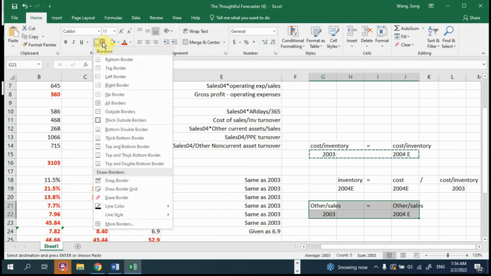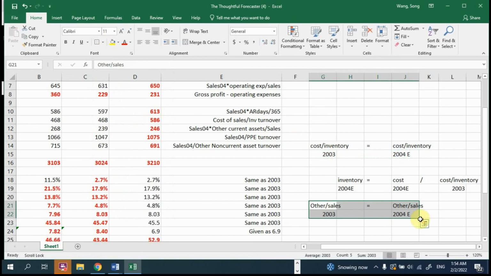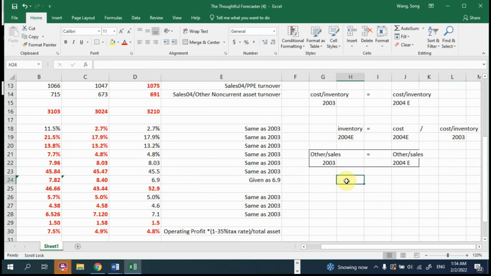Let me just put some border here. If you try to figure out the item other in the pro forma year, it should be sales in the pro forma year times the same ratio, because we're solving for the numerator here instead of the denominator.